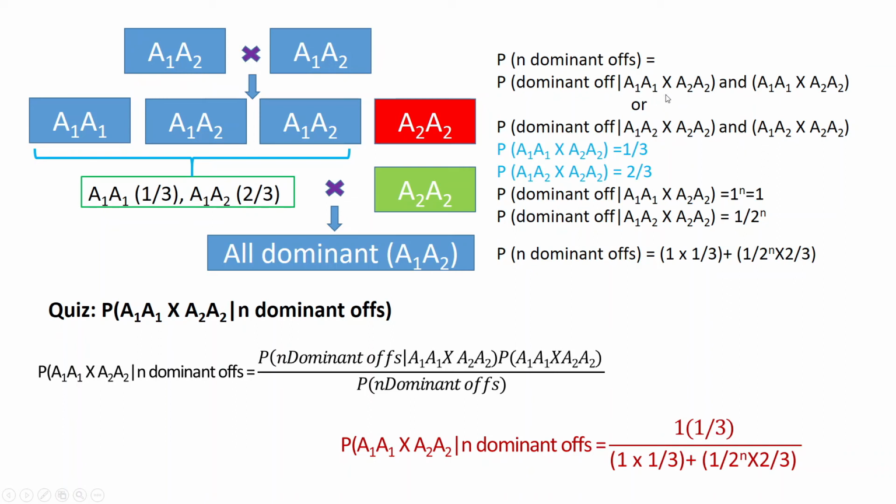All offsprings will be dominant. So if we get this and this, we are sure that all offsprings are going to be A1, A2, which is dominant. Therefore, the probability of getting dominant offspring given this cross is 1. Therefore, the probability of dominant offspring and this one is 1 times a third.